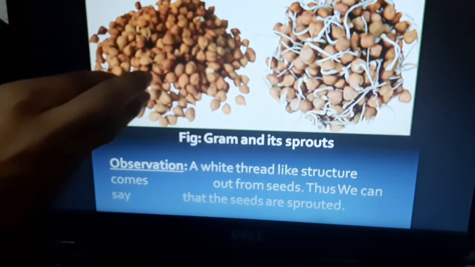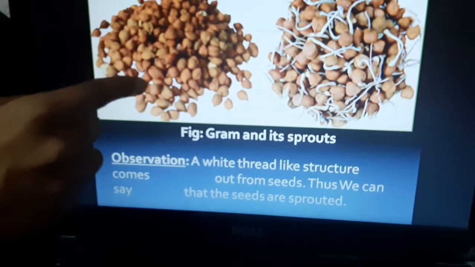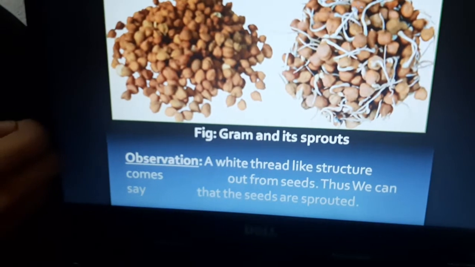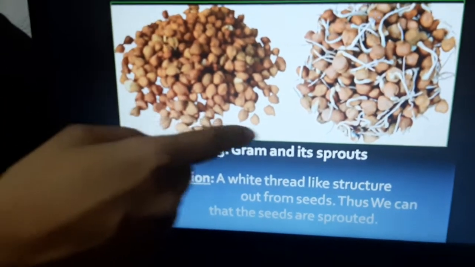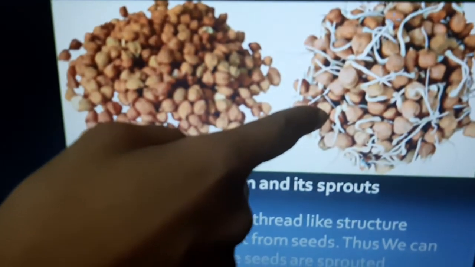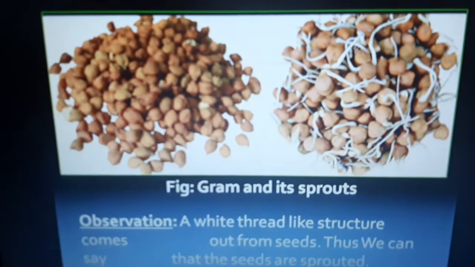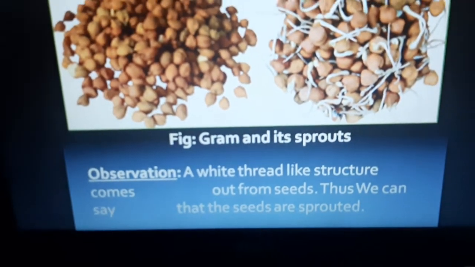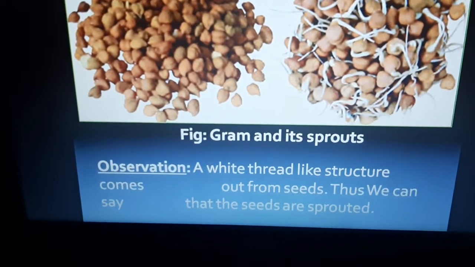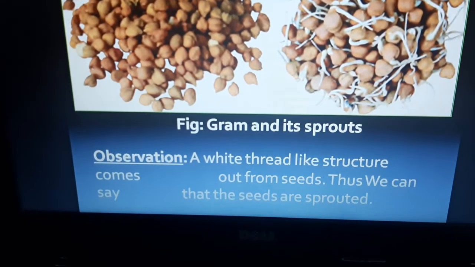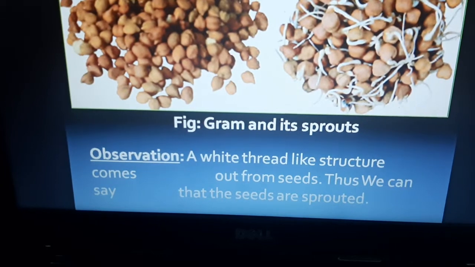When you sow this gram in the soil and give it water, you can observe that this seed germinates. So these are called sprouted gram. In this activity we can clearly observe the white thread-like structure coming out from the seeds, and thus we can say that the seeds are sprouted.